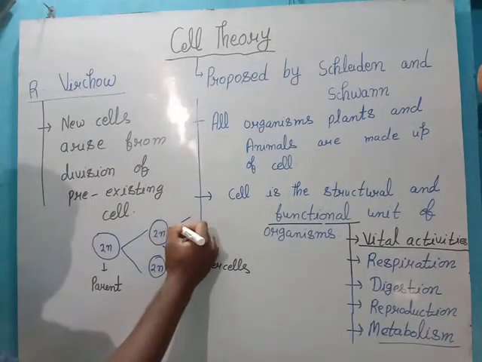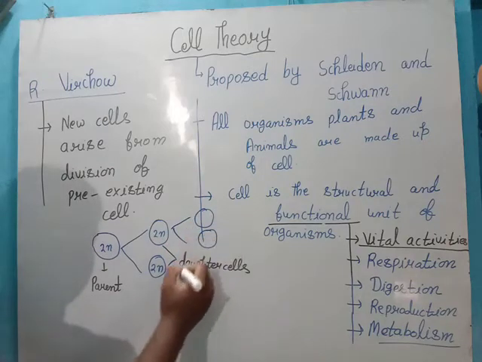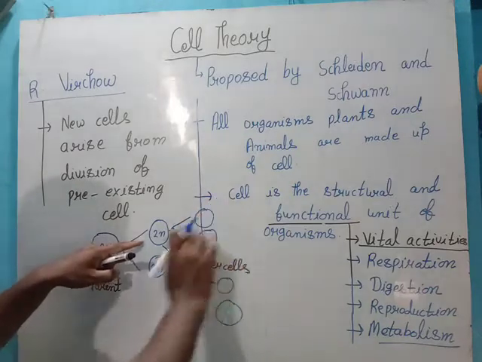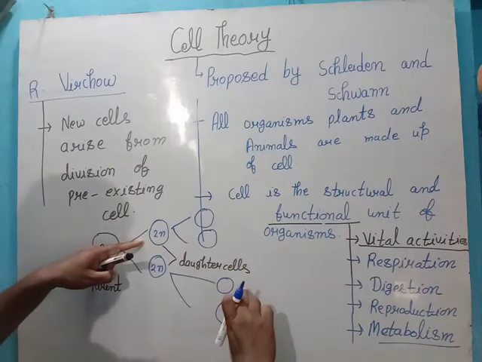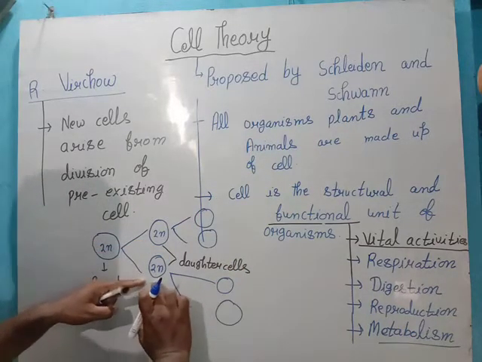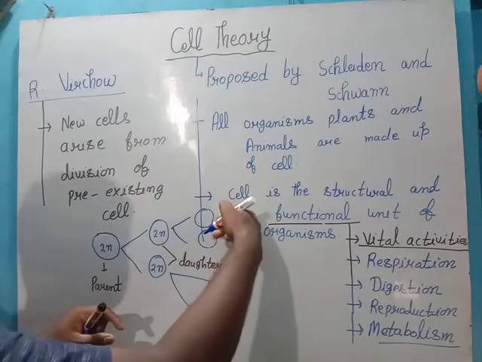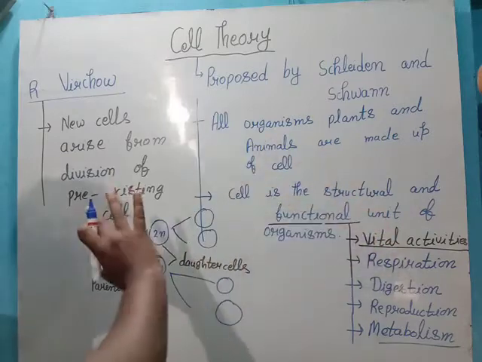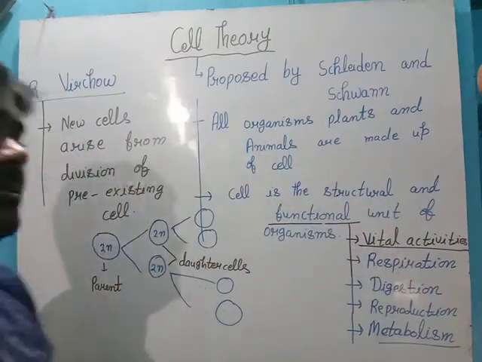See that one. New cells came. From where are new cells coming? From the pre-existing cells. Then these cells will divide and new cells will come. From where will new cells come? From pre-existing cells.